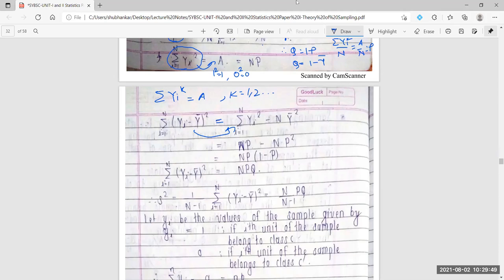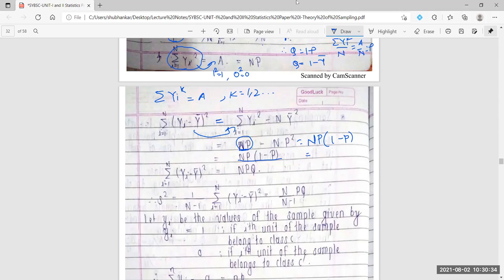So what does summation yi square mean? Summation yi square is nP, and y bar square means P square. So nP minus nP square; taking nP as a common term in both terms, the remaining term in the bracket is 1 minus P. So you get nP into (1 minus P).